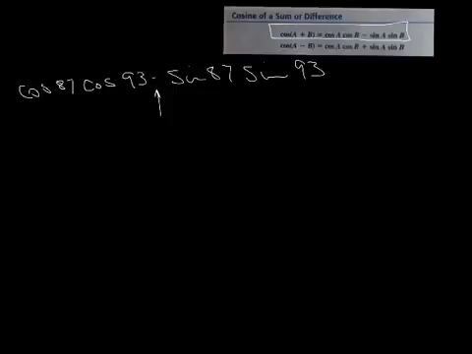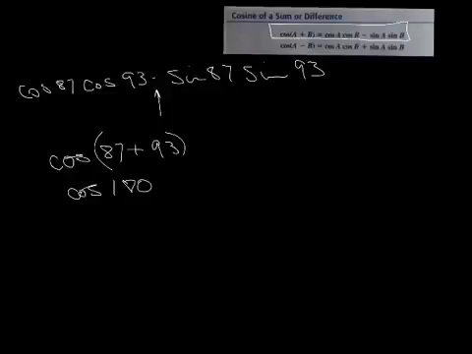So we can rewrite this as the cosine of A plus B. What is my B? My B would be 93. And add those two together, cosine of 180, which is equal to -1. And we're done. So we just took the long one and just went the other direction and was able to find the cosine of 180 from that.